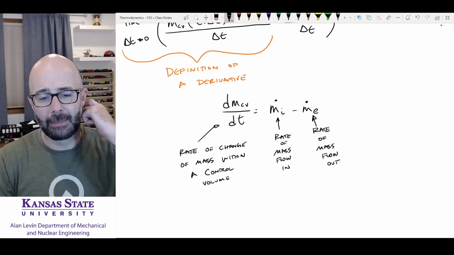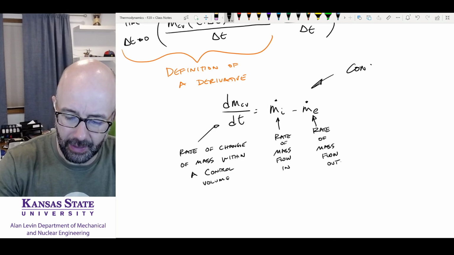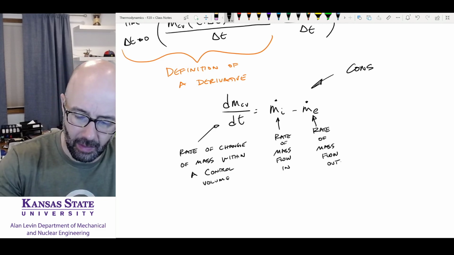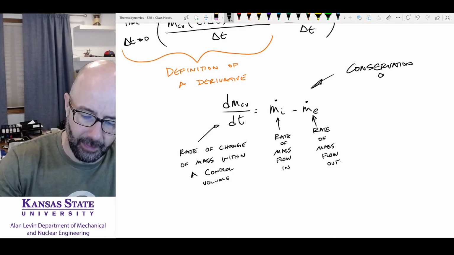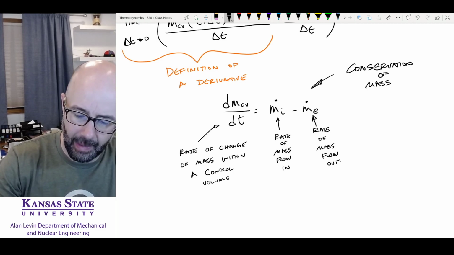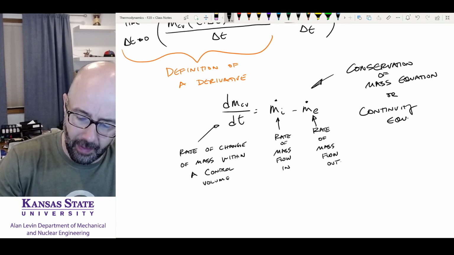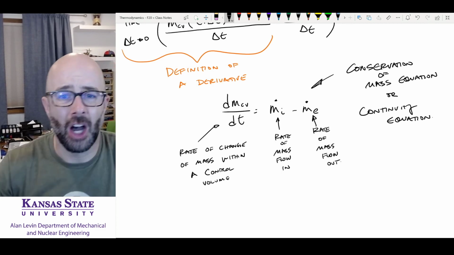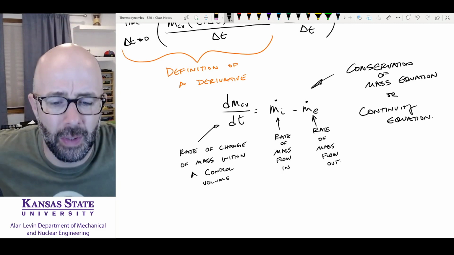Okay, very simple. And this equation here is going to be called the conservation of mass equation. Or I call it the continuity equation. Okay, because it's dealing with the mass continuity. So I might say conservation of mass, or I'm often going to say continuity equation.